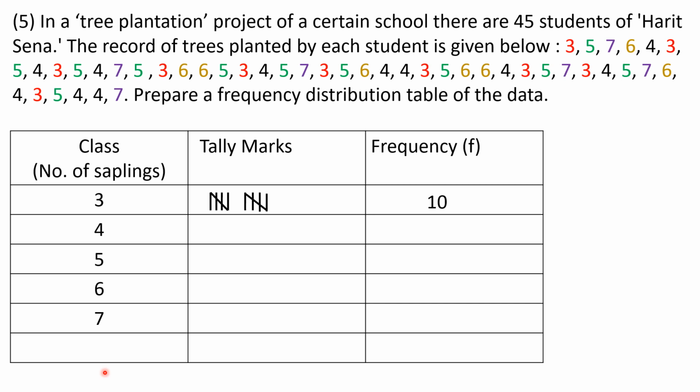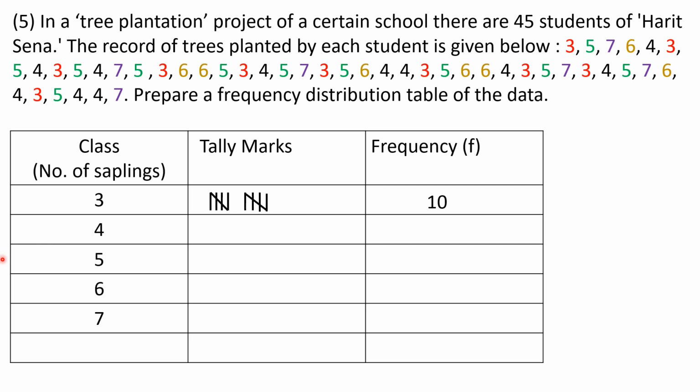Then comes the next class, which is 4. Sorry, I colored 4 totally with black. So we'll count 1, 2, 3, 4, 5, 6, 7, 8, 9, 10, 11. So total comes to 11.